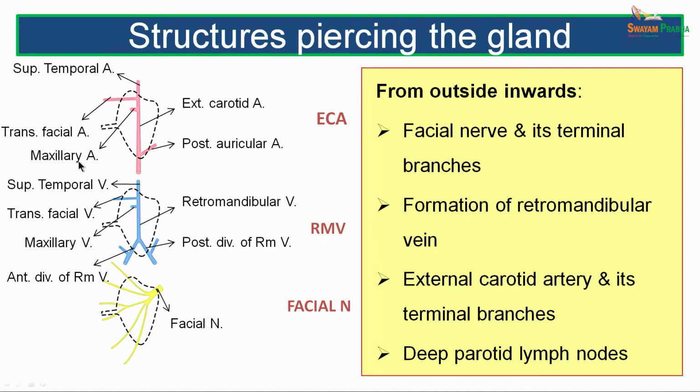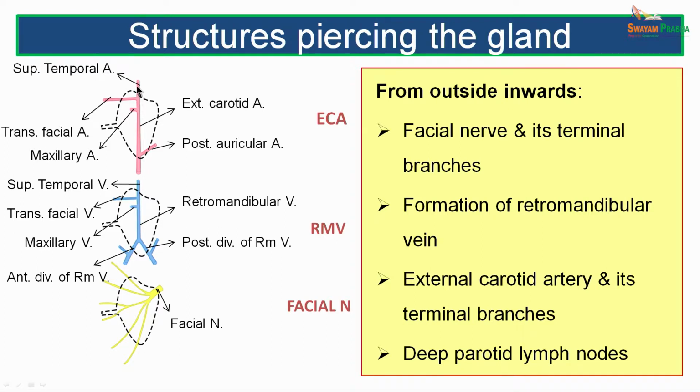This picture here shows us the external carotid artery. The external carotid artery enters the gland by passing through the lower part of the posteromedial surface, and within the gland it divides into first the posterior auricular artery and subsequently into its two terminal branches, that is the maxillary artery and the superficial temporal artery.